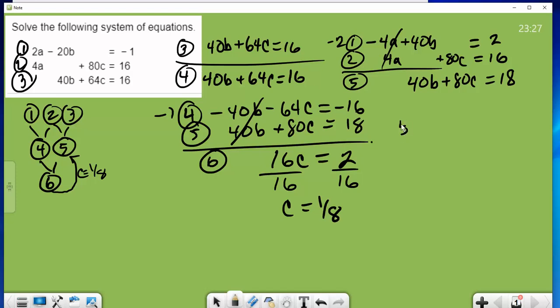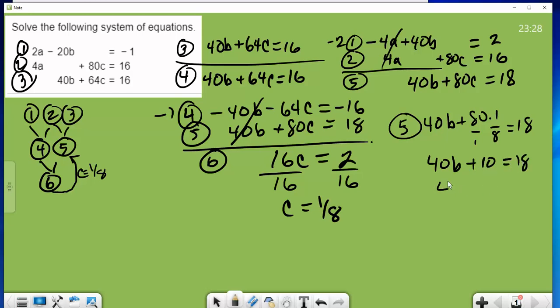Let's use 5 because 1/8 of 80 is just 10. 80 times 1 divided by 8 is 10. Subtract 10. Divide by 40 and then reduce it. So that will be 1/5. Okay, so I got 1/5.